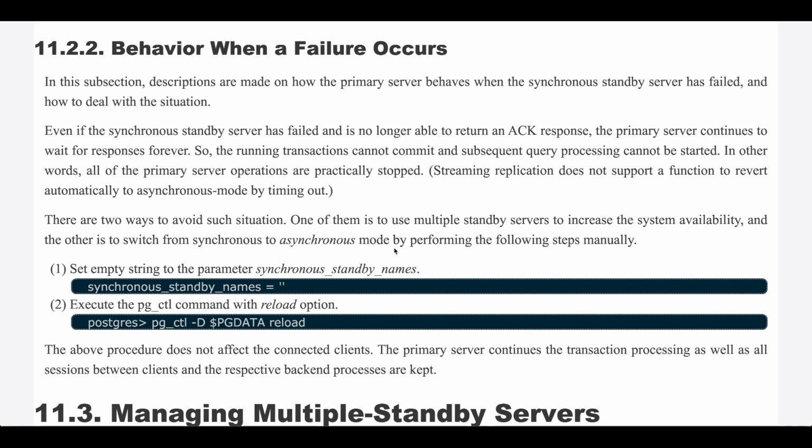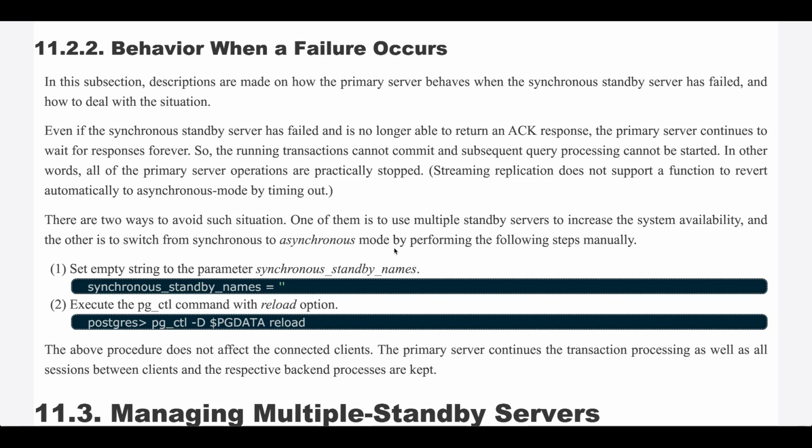Even if the synchronous standby server has failed and is no longer able to return an ACK response, the primary server continues to wait for responses forever. So, the running transactions cannot commit, and subsequent query processing cannot be started. In other words, all of the primary server operations are practically stopped. Streaming replication does not support a function to revert automatically to asynchronous mode by timing out.